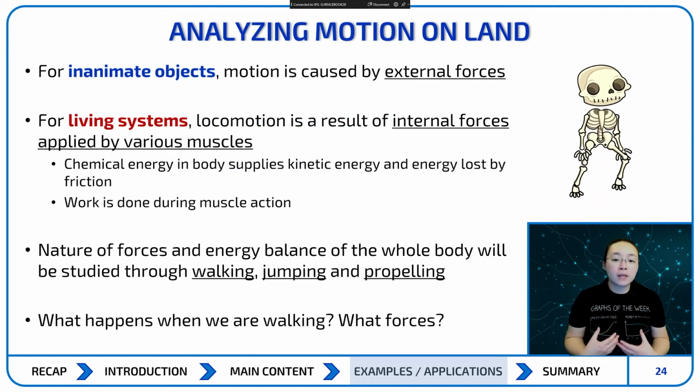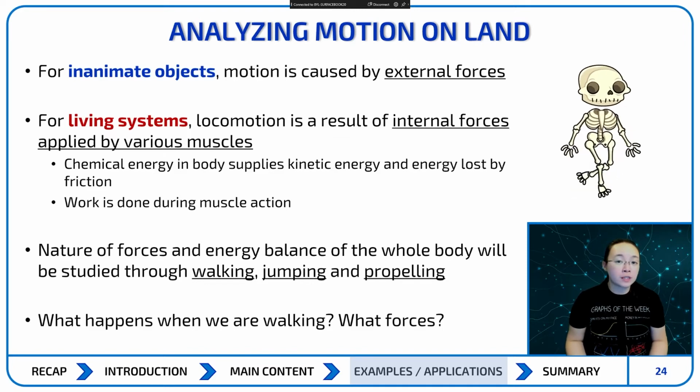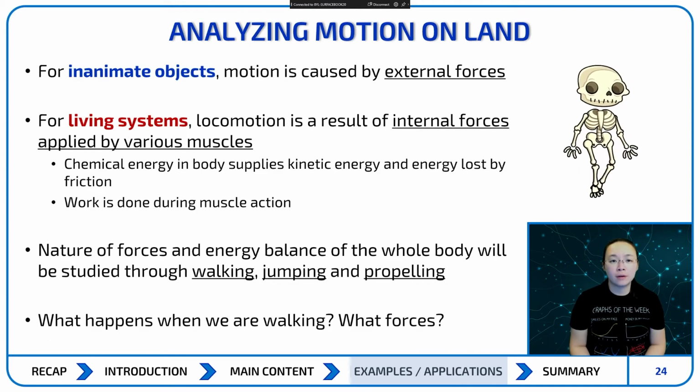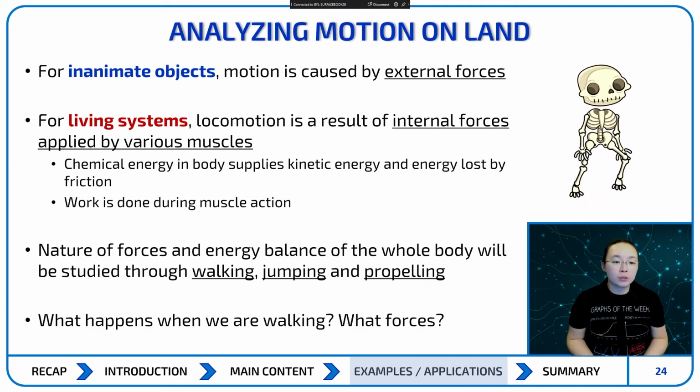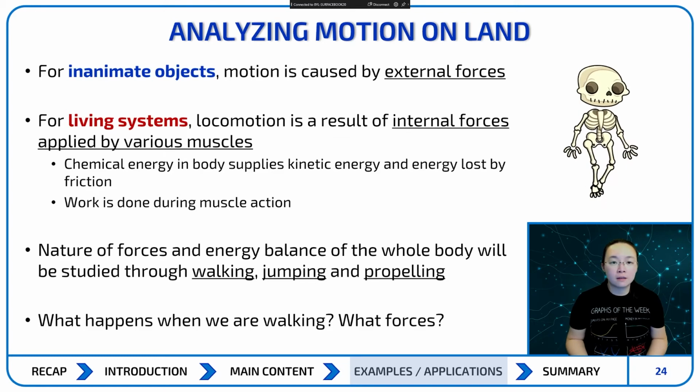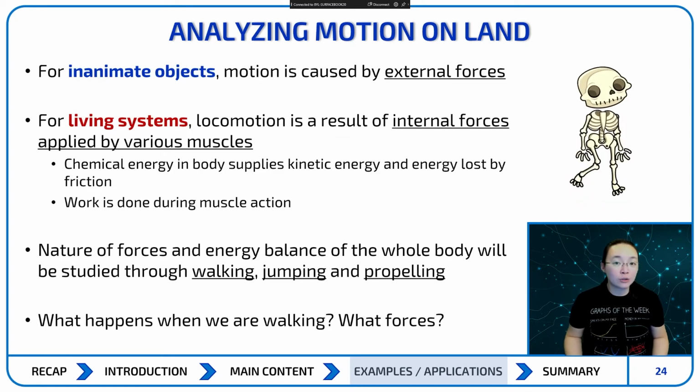So when I'm analyzing motion on land, I first have to consider what forces are going to act on the system. For inanimate objects, motion is usually caused by external forces, but for living systems, it's really important to understand that any movement is a result of internal forces because we're supplying energy to move. And that energy is going to come from different muscles.